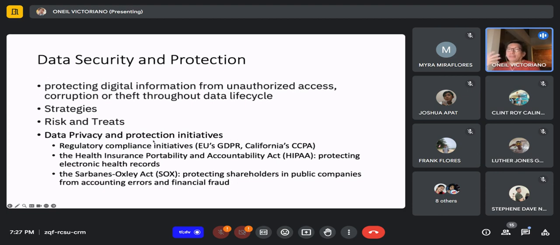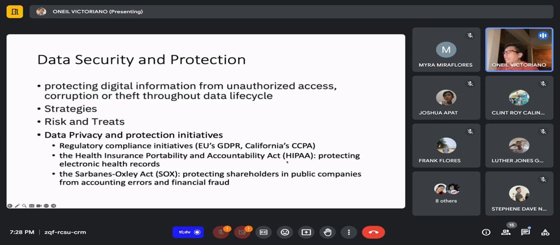So you should be able to know this. No? So there's the EU GDPR, and there's also the California CCPA. So these are the basis for some of the regulatory data security policies or frameworks.